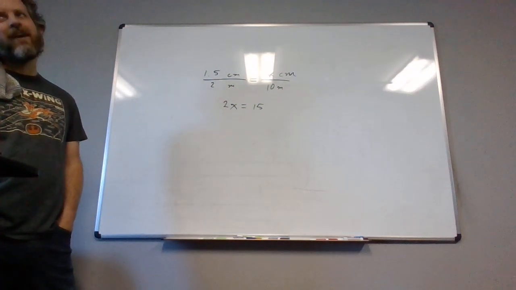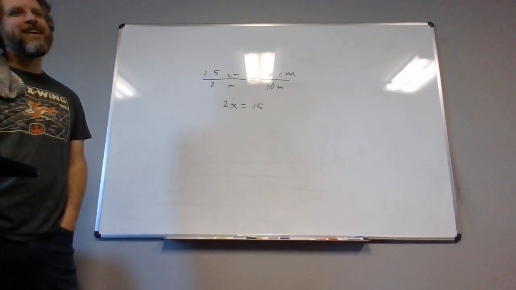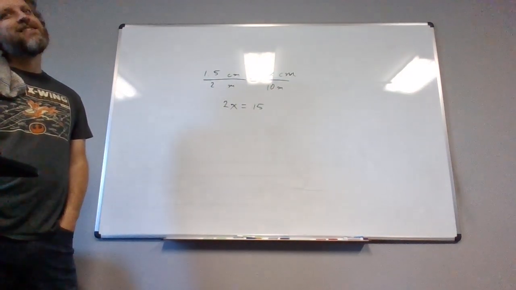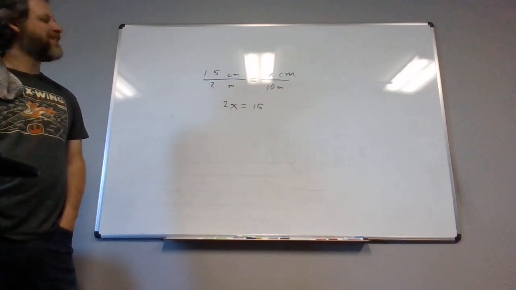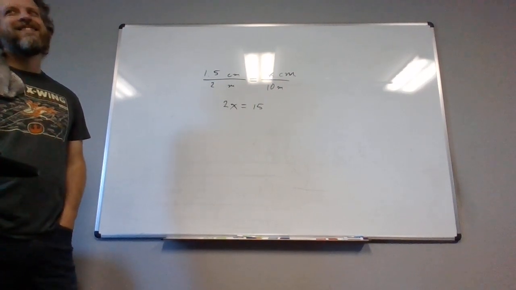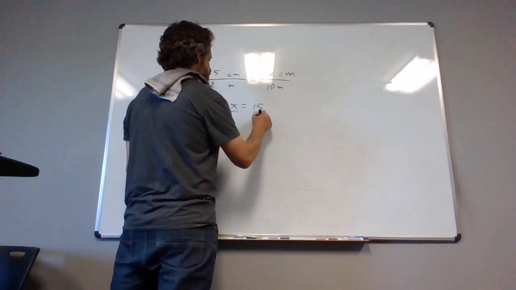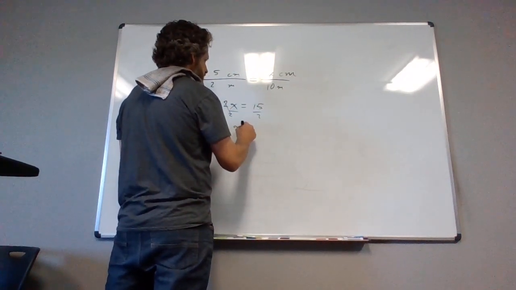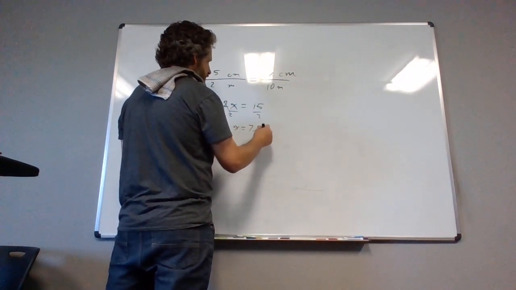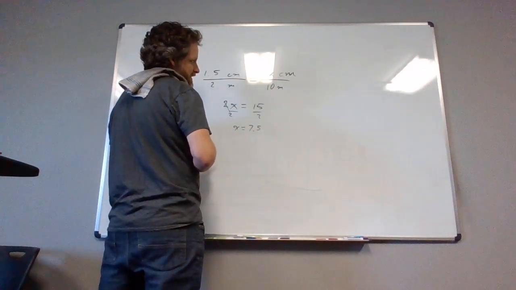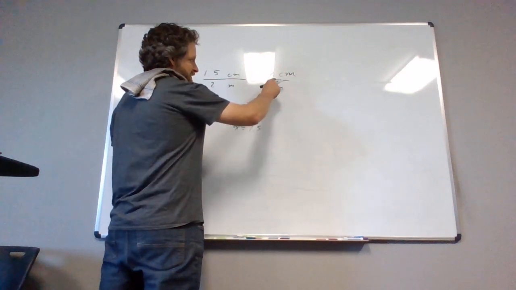You don't have to even think. Thinking's overrated. I'm being sarcastic. What should we do now? Divide. That sounds great. X equals 7.5 centimeters.